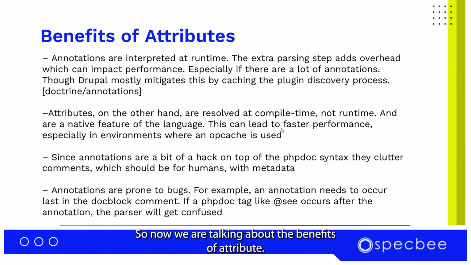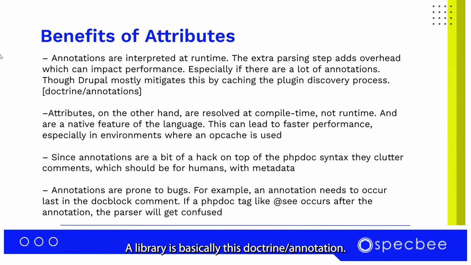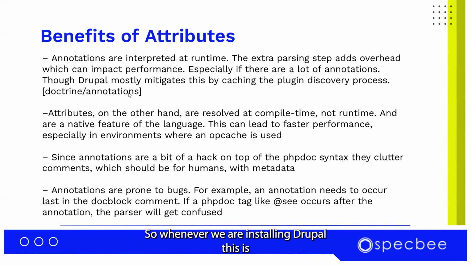So now, talking about the benefits of attributes in the PHP language. Annotation is handled by a library, the Doctrine annotation library. Whenever we install Drupal, this will be downloaded automatically through Composer, and all the annotations will be parsed through this library.